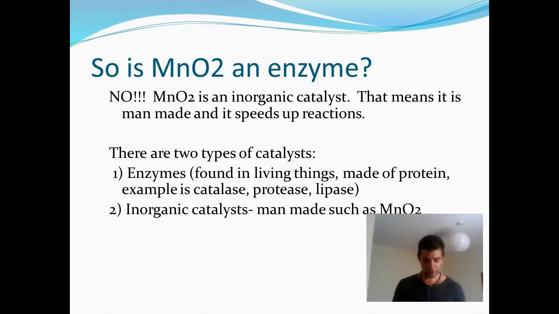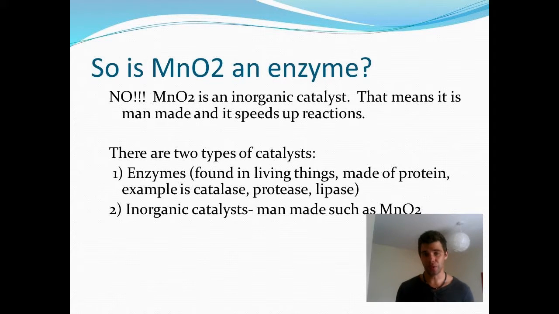Right, now, there is another chemical, another catalyst, okay, that is able to break down hydrogen peroxide into oxygen and water, and that is manganese dioxide, MnO2. The question is that therefore an enzyme, seeing as it does essentially the same job as catalase? Well, the answer is no. Manganese dioxide is a man-made chemical. It is an inorganic catalyst.